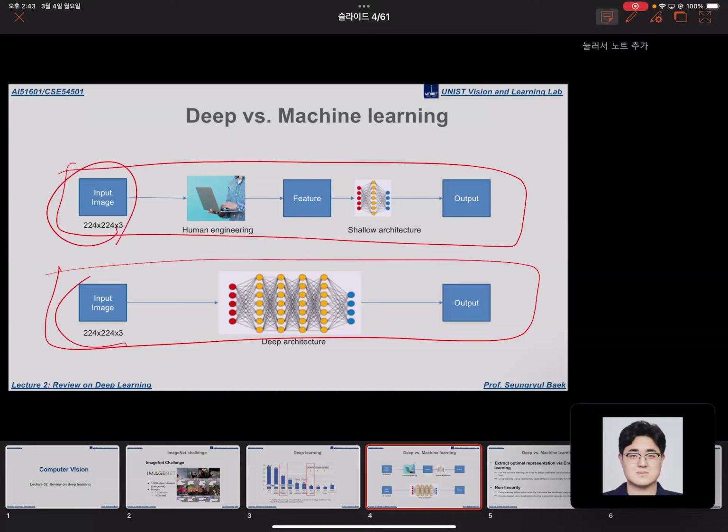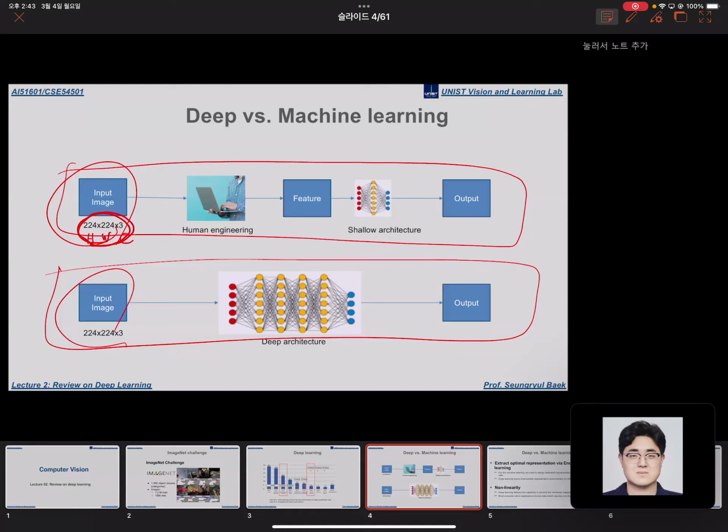We normally input images to the model, and the computer represents the images as an array: this is the height, this is the width, and this is the channel number.